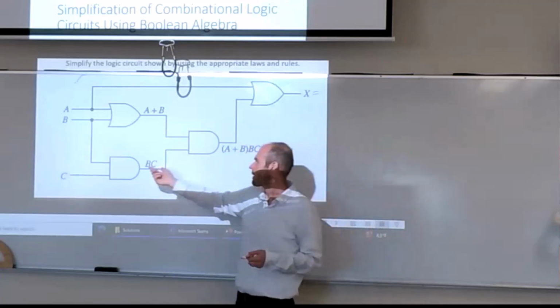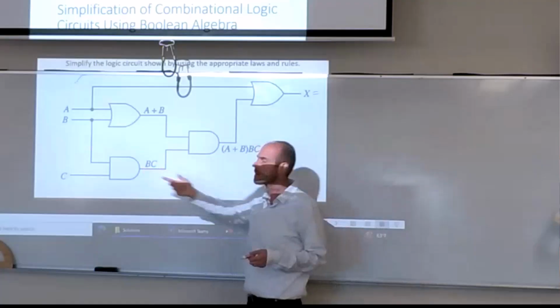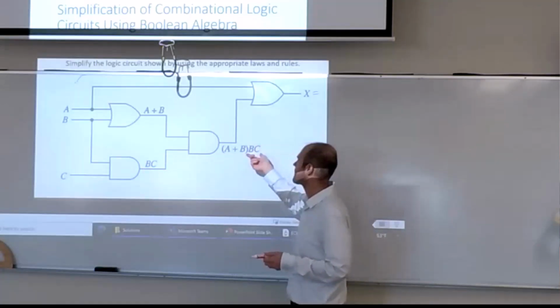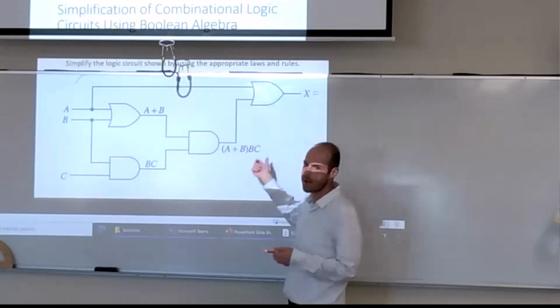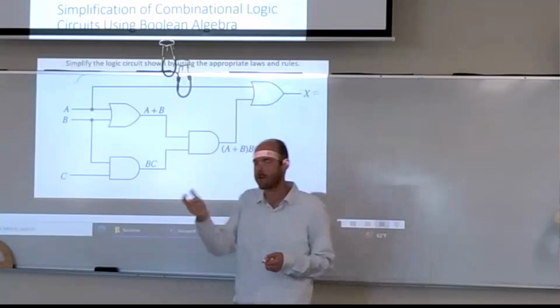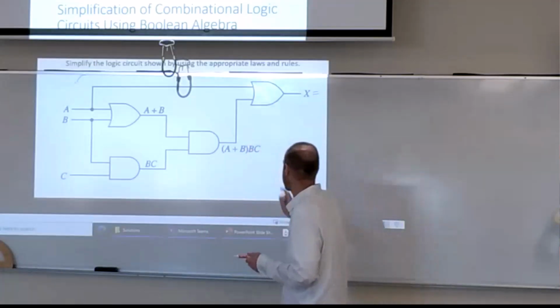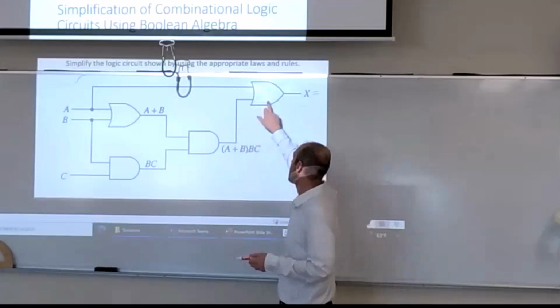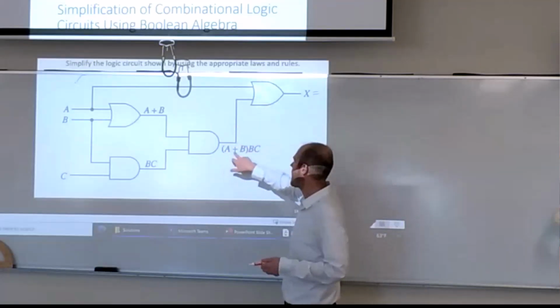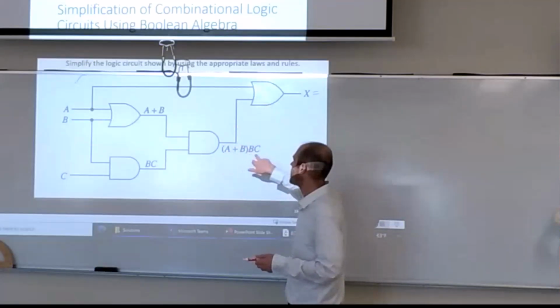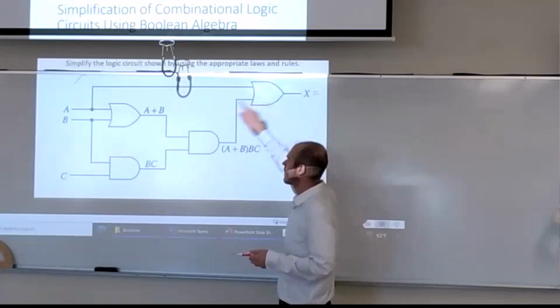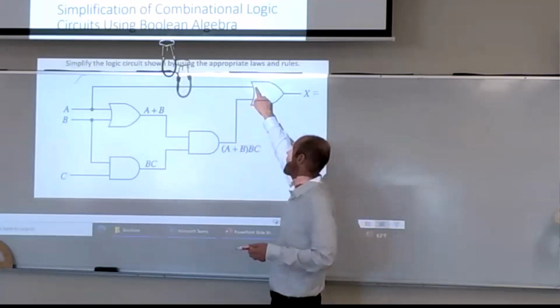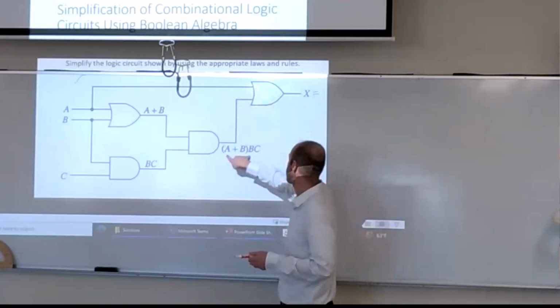We don't have to put parentheses on the BC term because as a quantity, one of our laws allows us to regroup without a problem. But then we have that quantity going through an OR gate. We have (A or B) and BC, or we have A going in the top input, A or this piece right here.